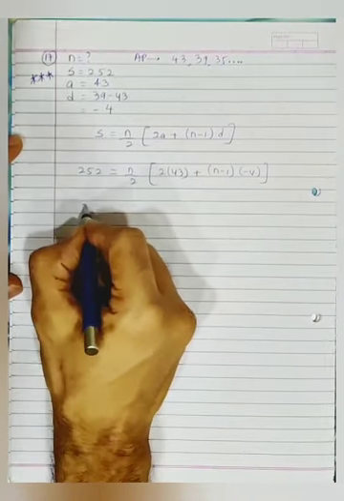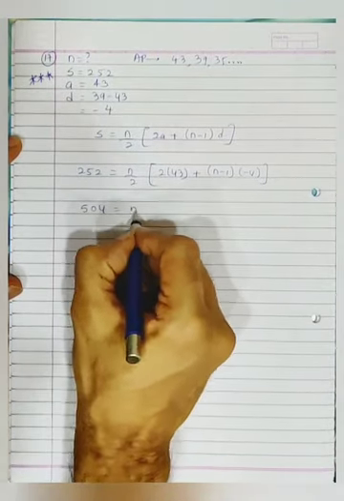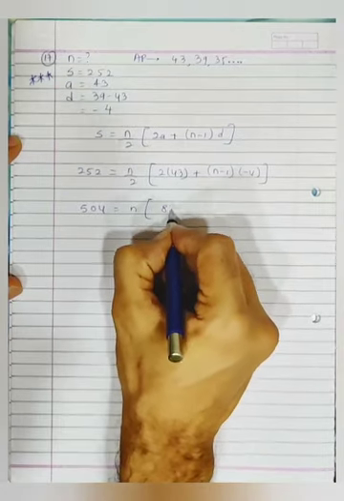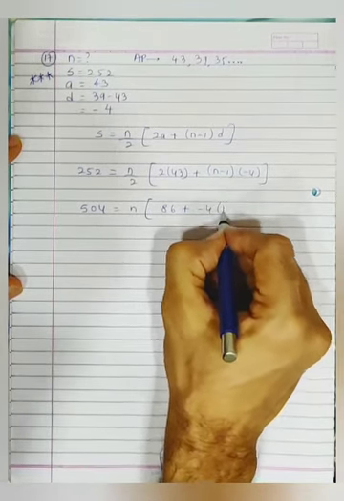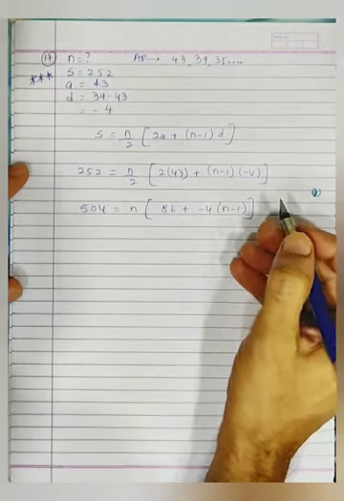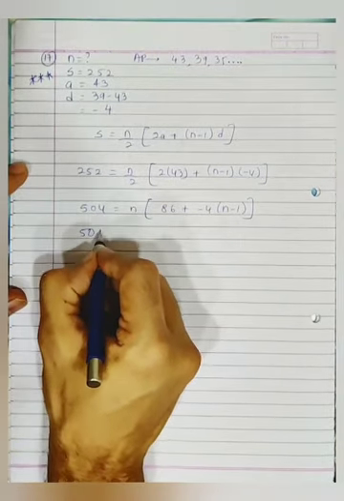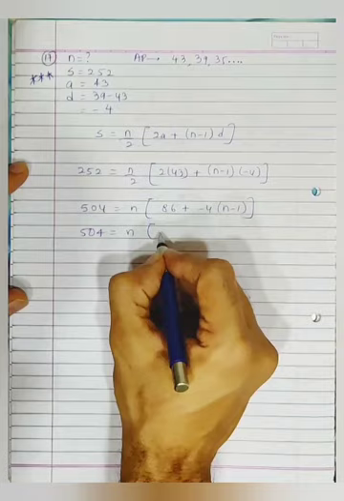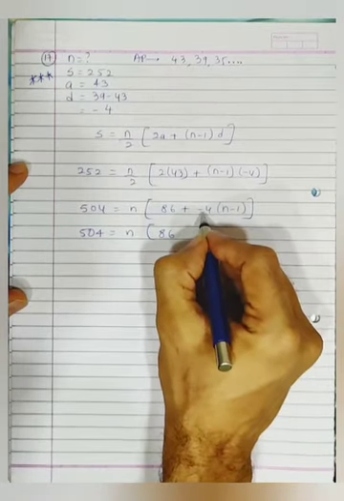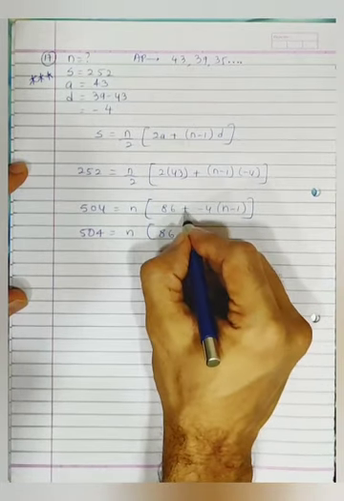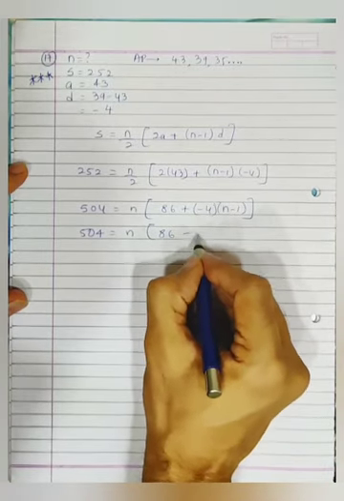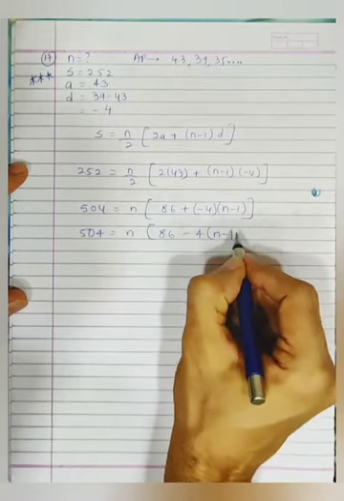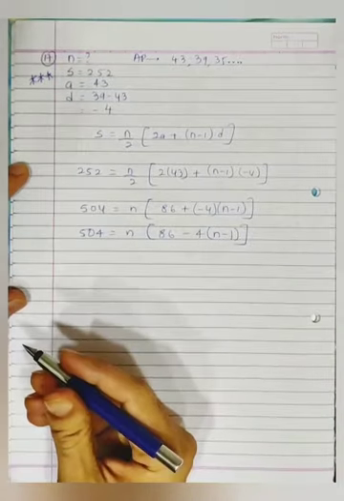So 252 into 2 becomes 504 is equal to N. 86 plus minus 4 in brackets N minus 1. Again you'll get 504 is equal to N. 86. What will be plus into minus here? Minus, right? So minus 4 in brackets N minus 1.